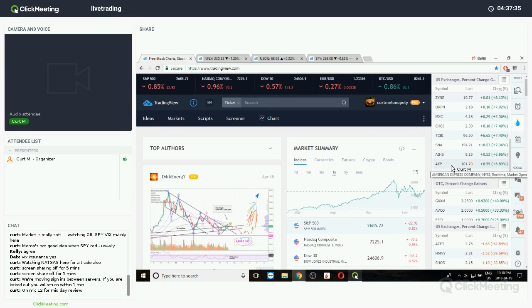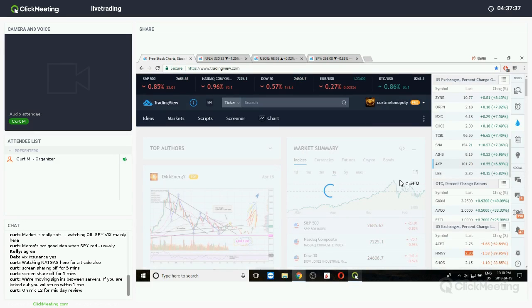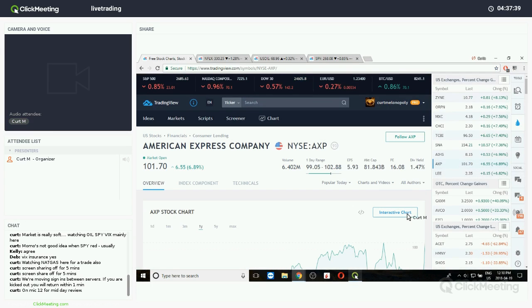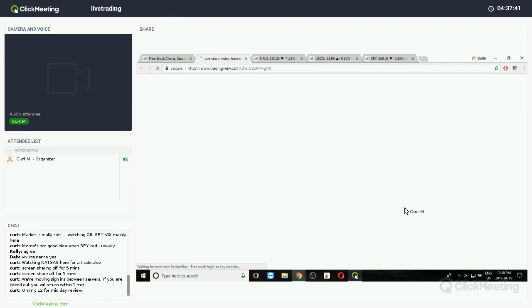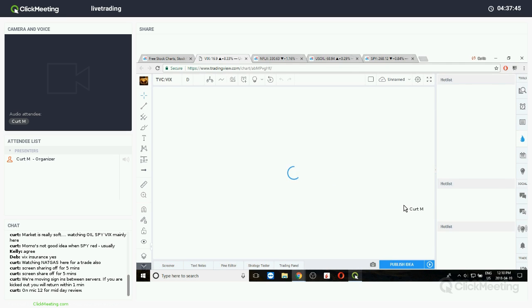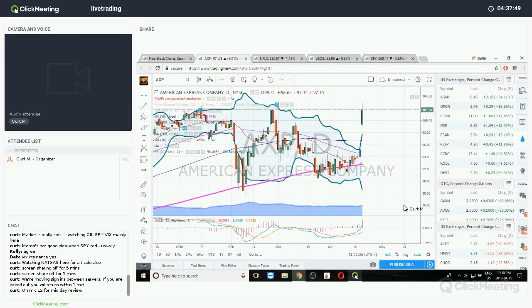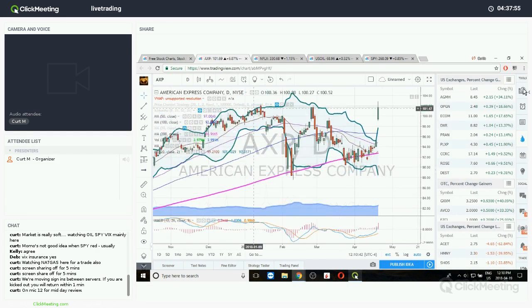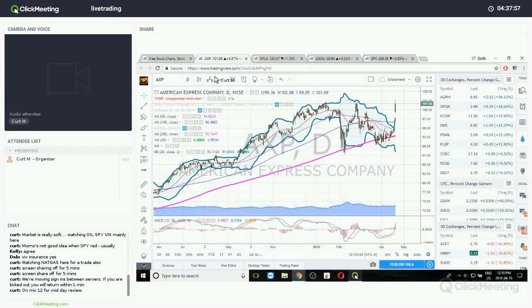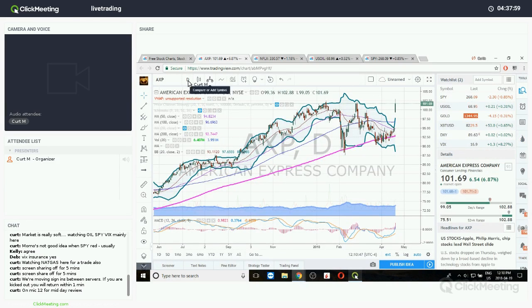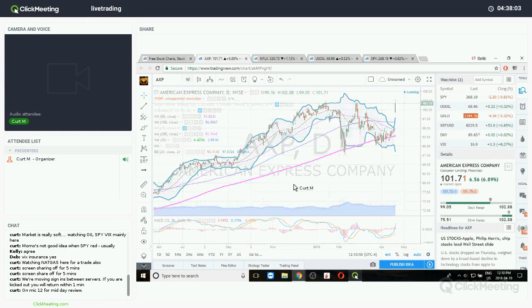American Express, one of the ones that we cover in our regular swing trading platform newsletter service. I just want to see this one here. This is the weekly chart.